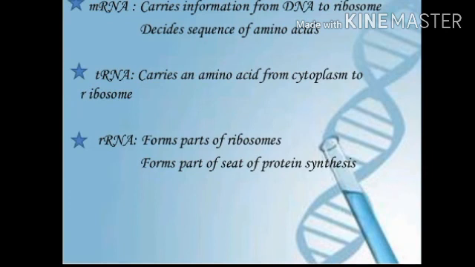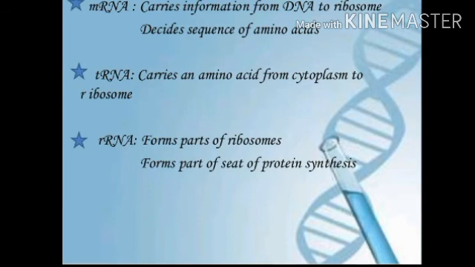Three types of RNA are present in the cytoplasm or nucleus. These are mRNA. mRNA carries the messages or information from DNA to the ribosome for forming a particular type of polypeptide chain.